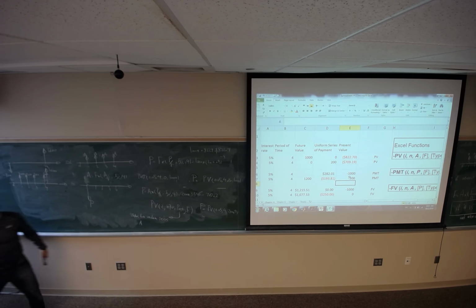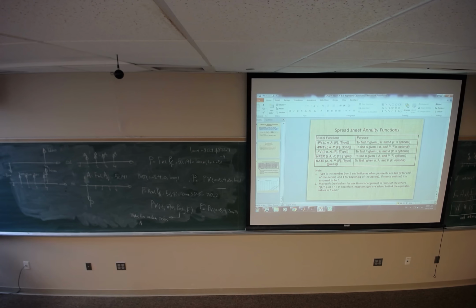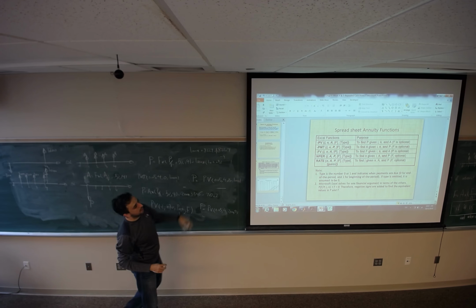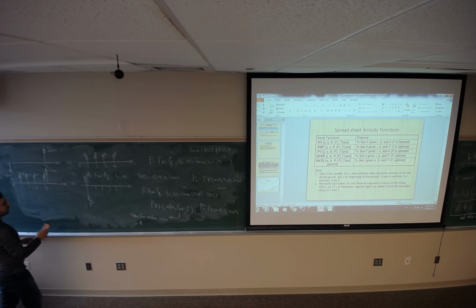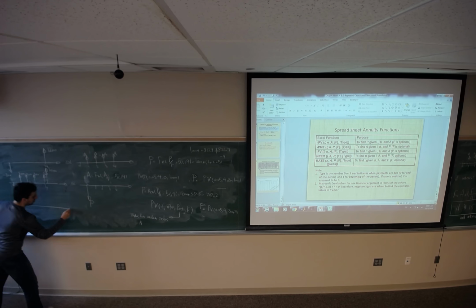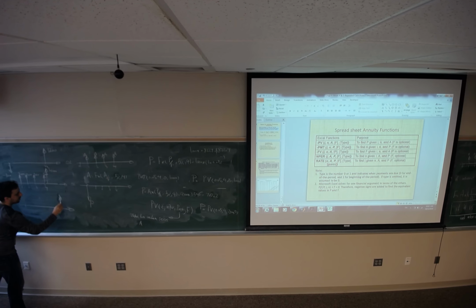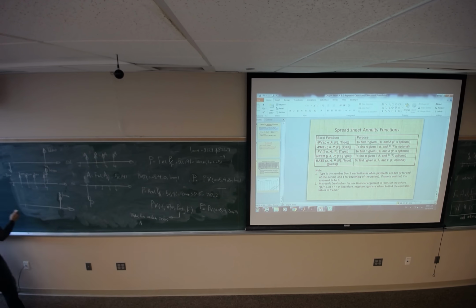Future value: it's just doing the same thing that we did for present value, except it's going to calculate future value. NPER: suppose in 4 years, you want to withdraw $1,000 from an account which pays 5%, and you are going to deposit $800.